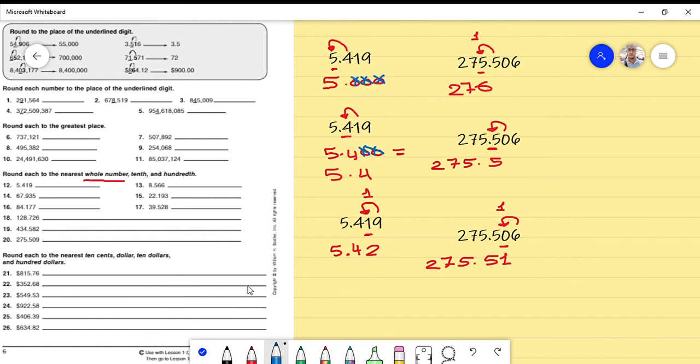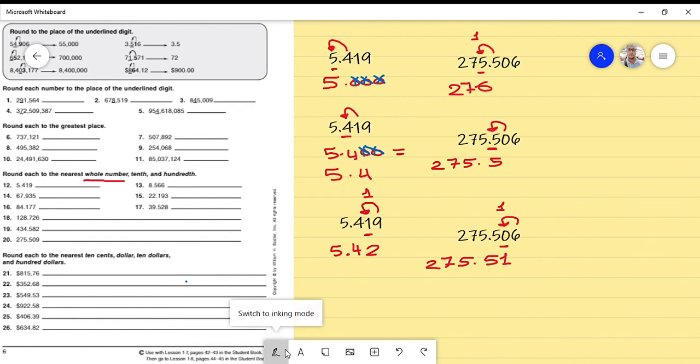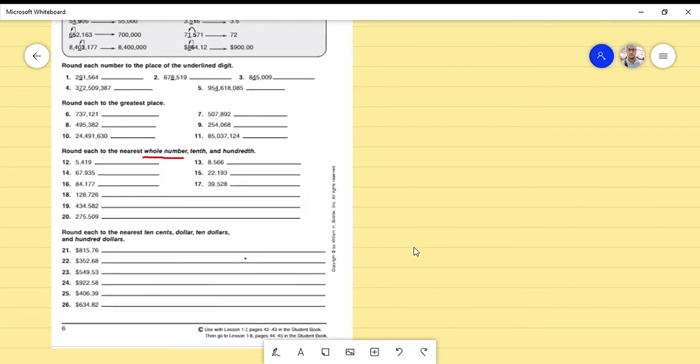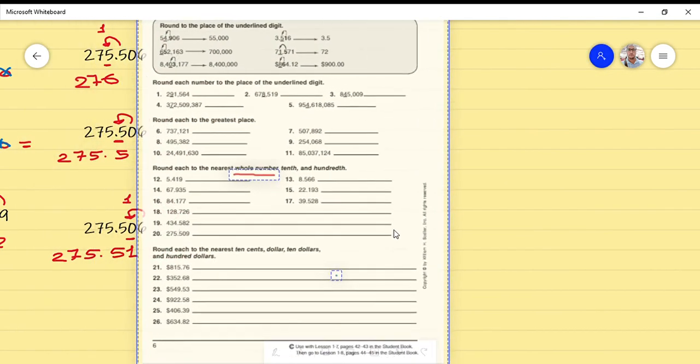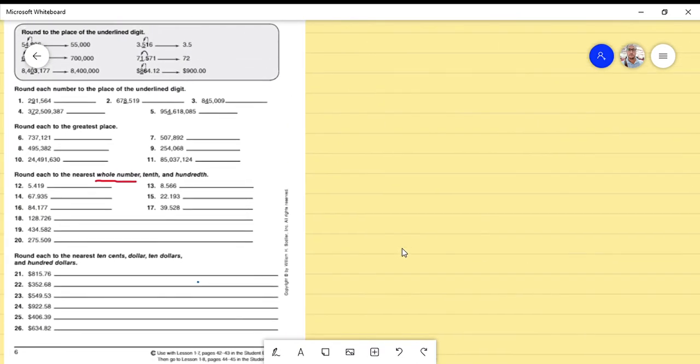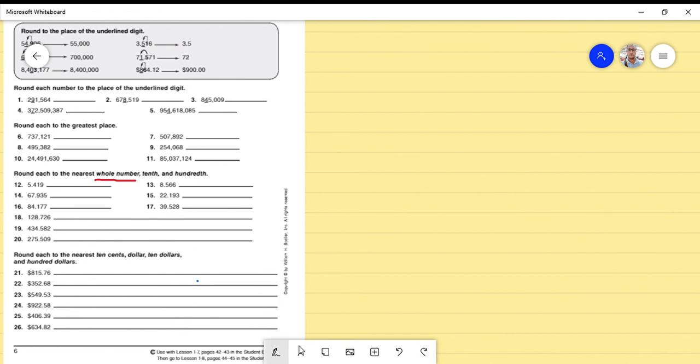Let's move down. Look here at questions number 21 up to 26.